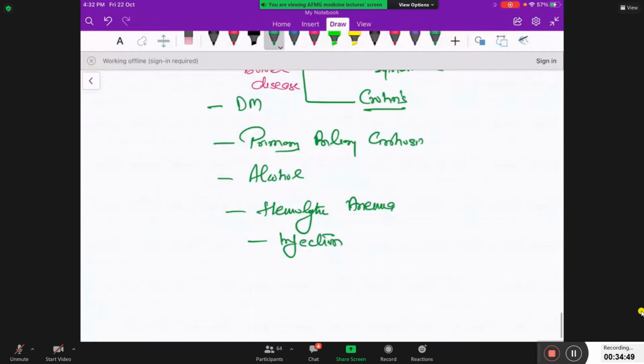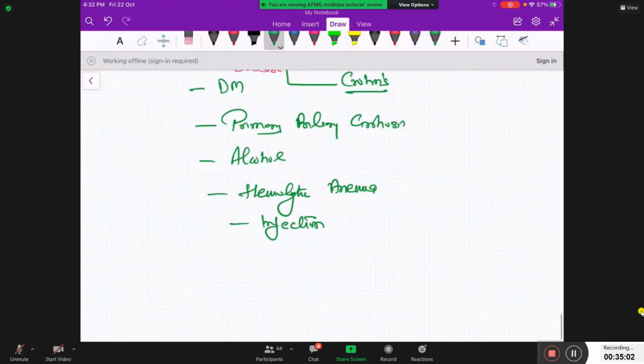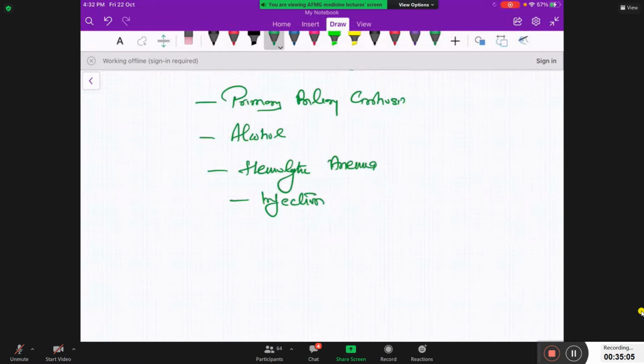These are the important risk factors for gallstones. Now, what are the types of stones in the gallbladder?